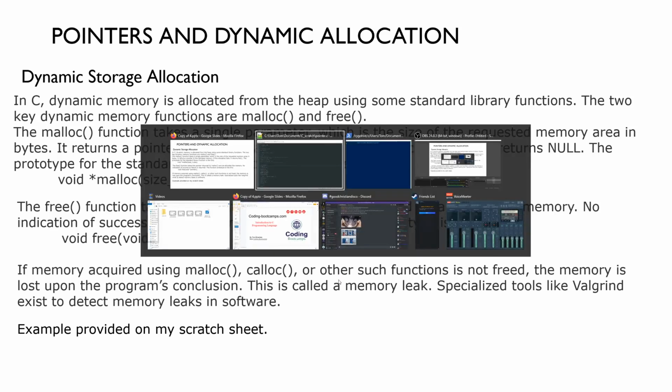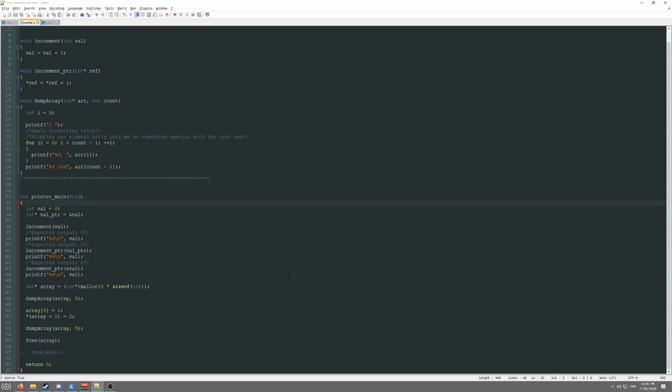If we go back to the scratch sheet here, you can see we have right here, int pointer array equals malloc 5, so we malloc 5 ints here. We get the result and we cast it to an int pointer. This is just to remind ourselves what we're doing with it. And as I suspected, I actually did forget.